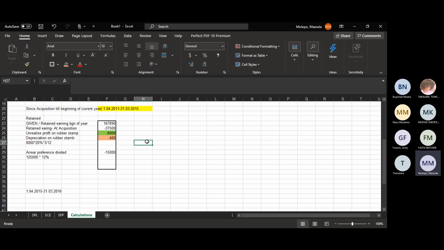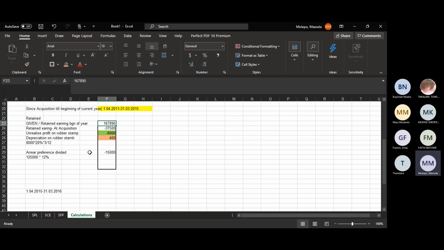But in this case, when you check, for us having the retained earnings at the beginning of the year being 167,890, we don't know whether it was 167,890 based on whatever happened as a result of the prior accumulated profits, or is 167,890 based on the current year profit which they generalized.